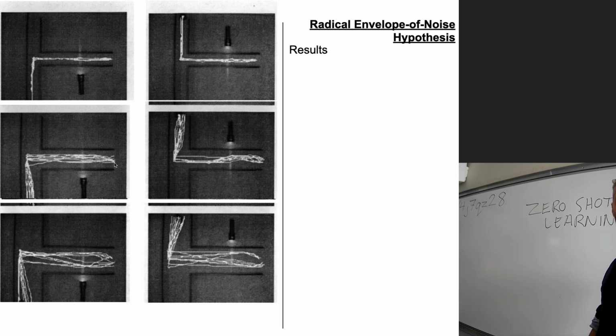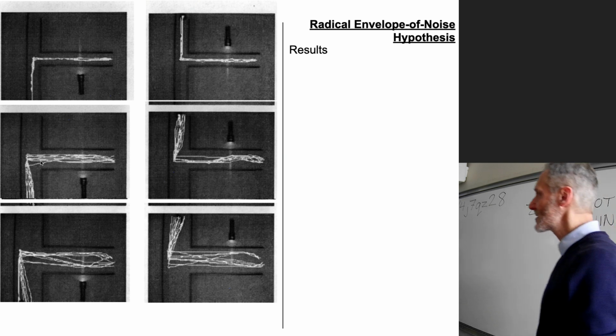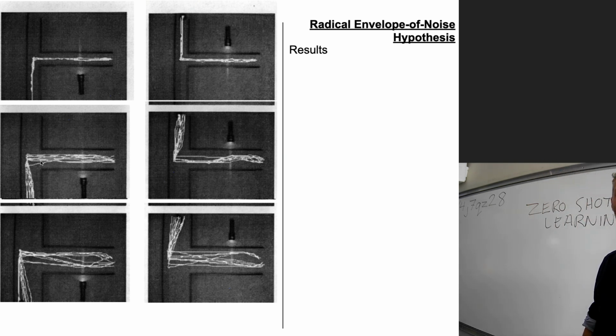You'll notice that the variation in its movement as it moves up the stem of the T is a little bit more diverse, which indicates that the robot's motion is being affected by the infrared sensors that are reporting distance from the wall, but it still does the right thing.